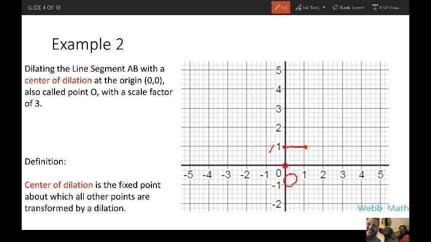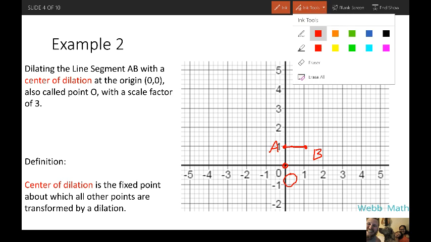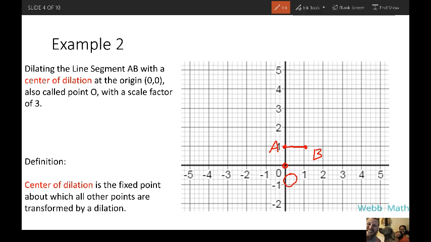So here is point A, and here is point B. When you are dilating in a coordinate system with specific coordinates, it's actually kind of nice visually. If you didn't have this, you would have to use a ruler. So coordinate systems can be quite helpful. So let's go ahead and dilate this like they prescribe.